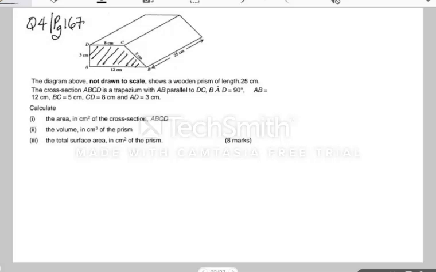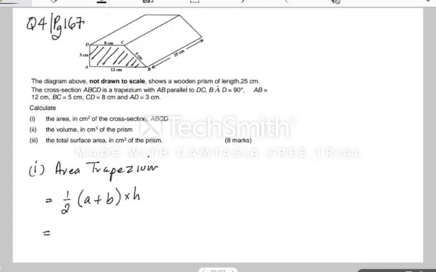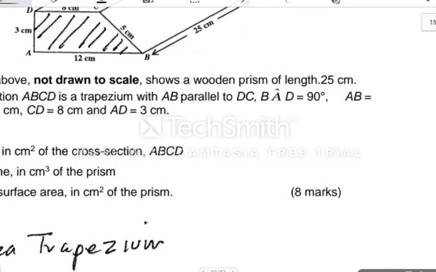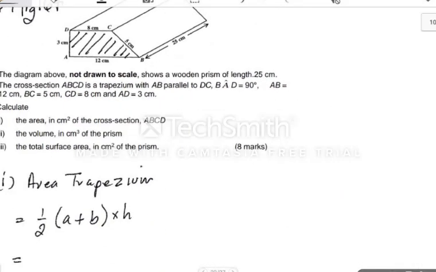Everybody should remember the area of a trapezium is equal to a half (A plus B) times H. A and B in the formula are the lengths of the parallel sides, which in this case are 8 and 12.